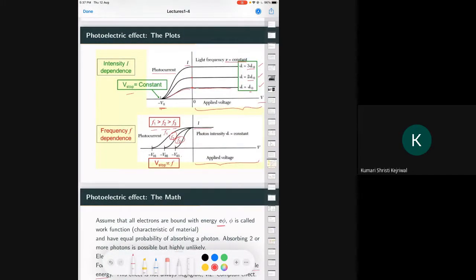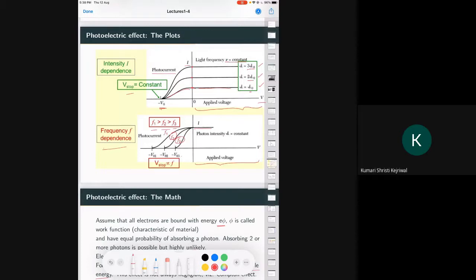So the frequency dependence experiment is then clear, I guess. The higher the frequency of light, the more kinetic energy the emitted electron has, so the higher the stopping potential. Okay, so the second one, the intensity dependence: the more photons incident on the metal surface, the more electrons are emitted, so the magnitude of the current increases.